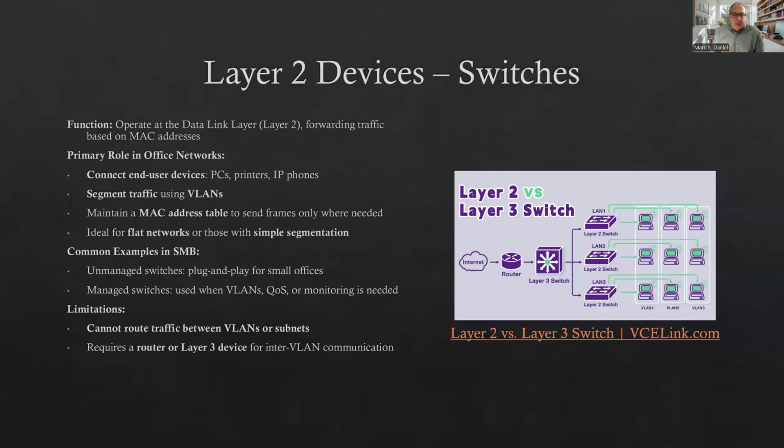For a small or medium-sized business, unmanaged switches offer plug-and-play simplicity, often used in small office setups, while managed switches provide additional features like VLAN support, quality of service, which is something you need for your IP phones, and network monitoring. However, layer 2 switches cannot route traffic between VLANs or subnets.